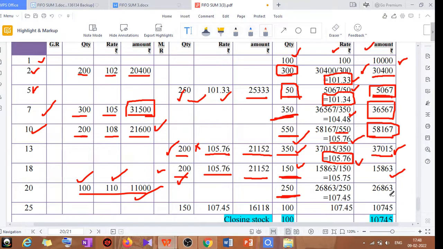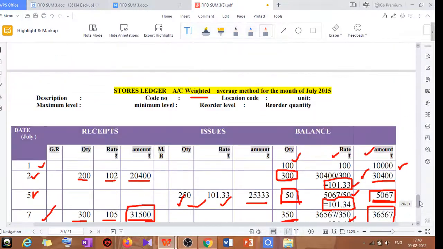Okay, what about the amount? 15,863 plus 11,000, it will be 26,863. Now what about the rate? How to calculate it? Amount divided by the quantity. 26,863 divided by 250, it will be 107.45. So we have completed till 20th transaction.